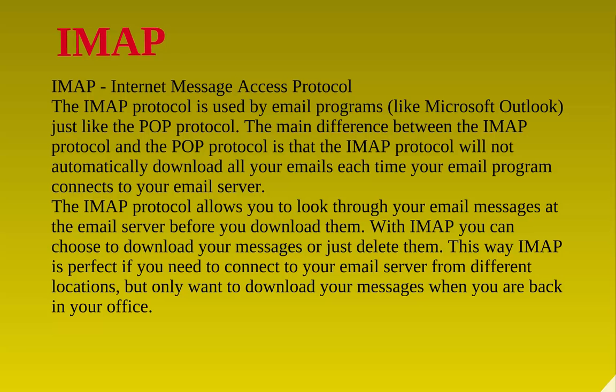So it's very handy if you're in a mobile scenario and you want to be able to just look at the messages that are on your email server without downloading them. Most of the time the POP protocol gets set up, it usually downloads the messages to your client and deletes them off the server. So with the IMAP, you can stay connected to the mail server and it doesn't delete them off of there.